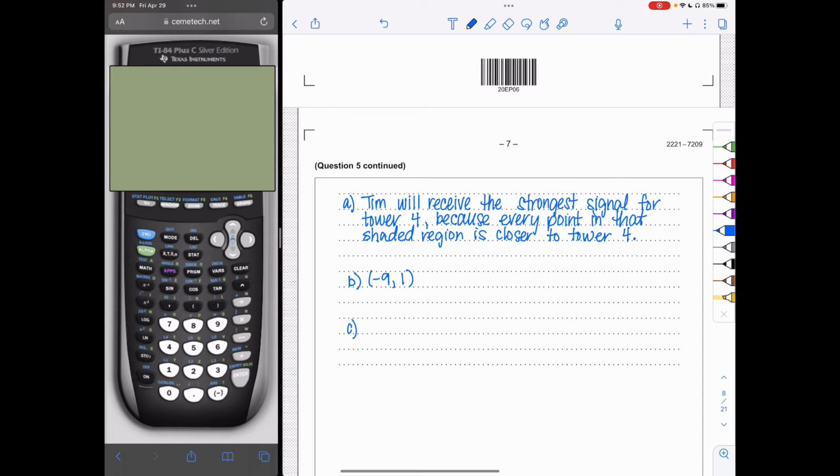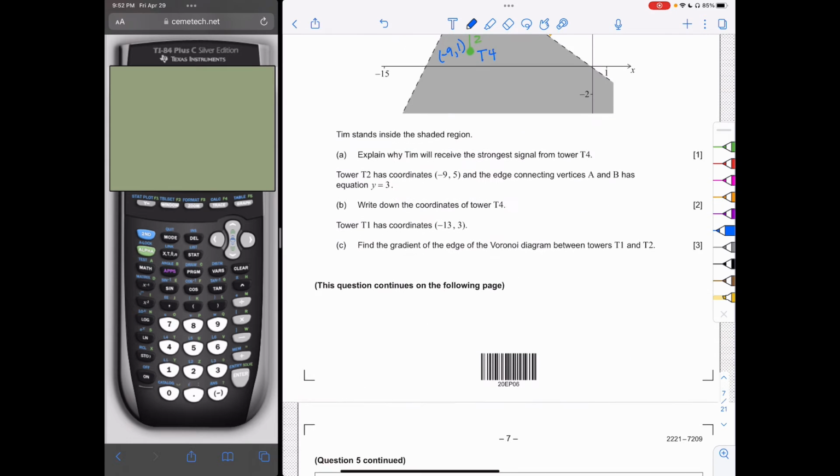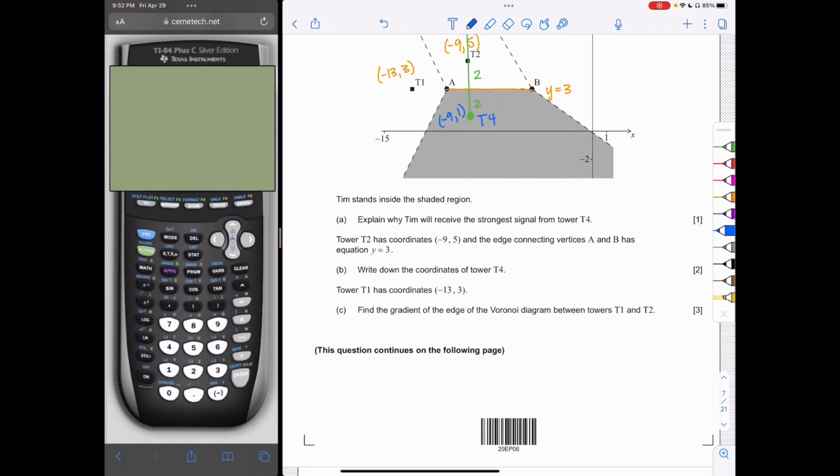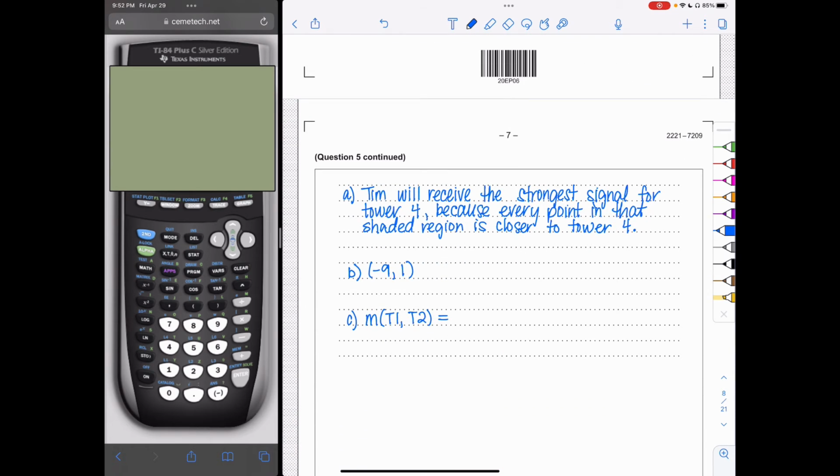So I'm going to find the slope between T1 and T2, and that's going to be equal to 5 minus 3 divided by negative 9 minus negative 13, which is just plus 13. So that's going to end up being 2 over 4, which simplifies to 1/2.